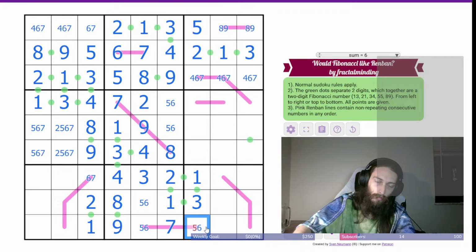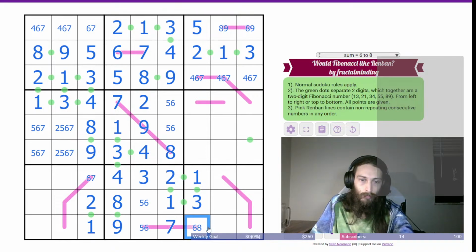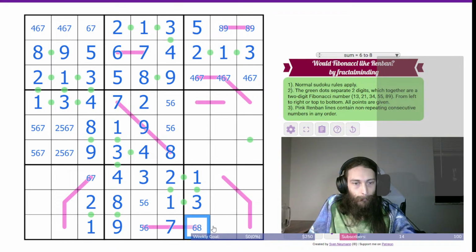5, 6, 8. 8. And it can't be a 5, yeah. Row 4 has 5, 6, 8, 9. 34, and it can't be 8, 9.